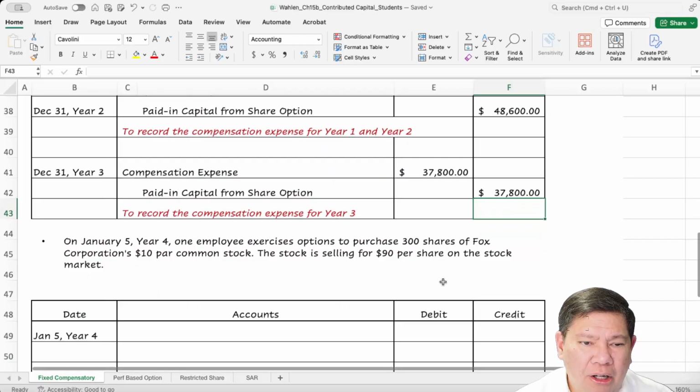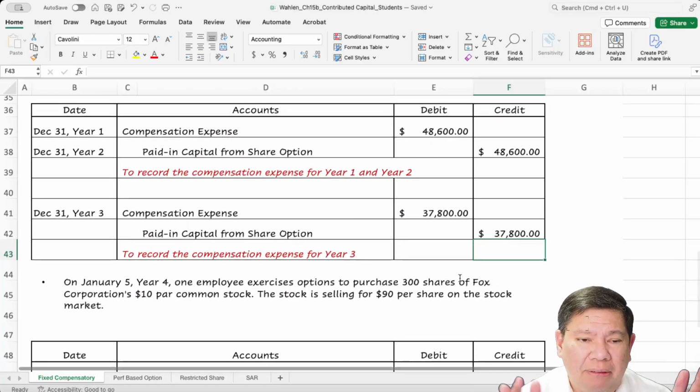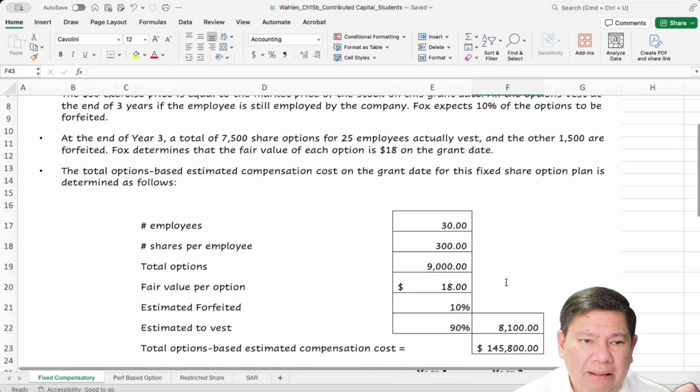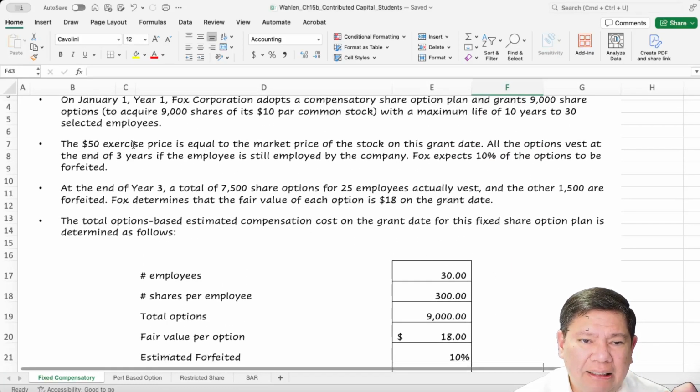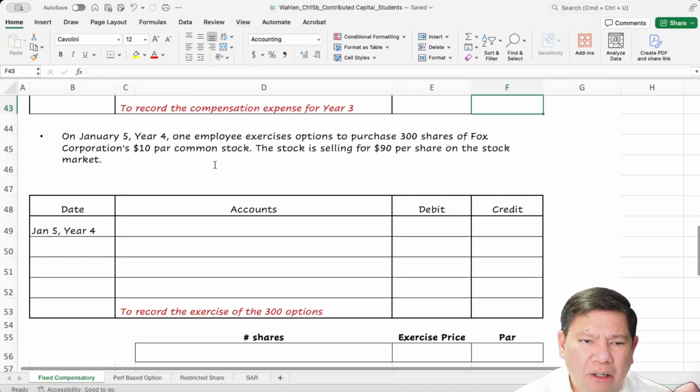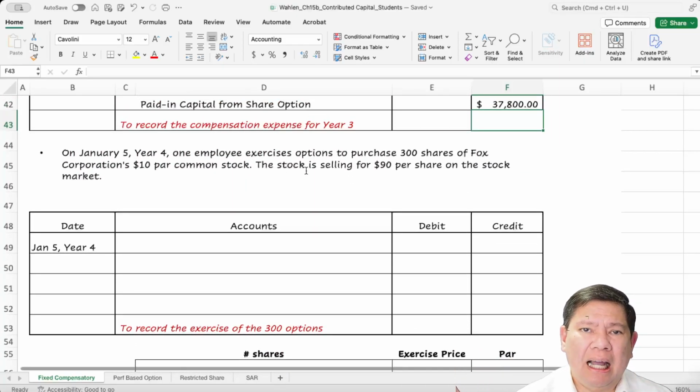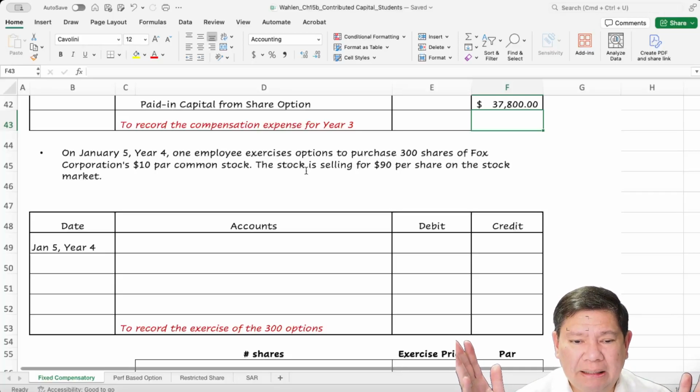Now, on January 5th, year 4, after the employees receive their options, they can exercise them if they can make money out of it. They have to pay $50 for the exercise price. So as long as the stock price in the market is higher than $50, it's good for them because they can buy it for $50 and they can immediately sell it for whatever the market price is.